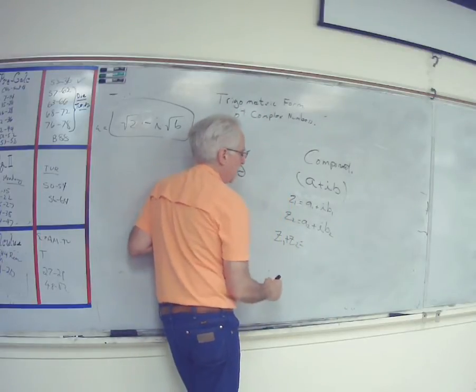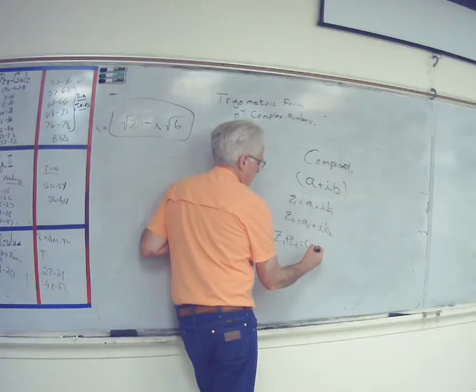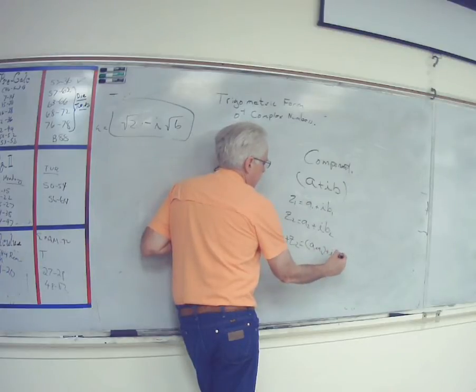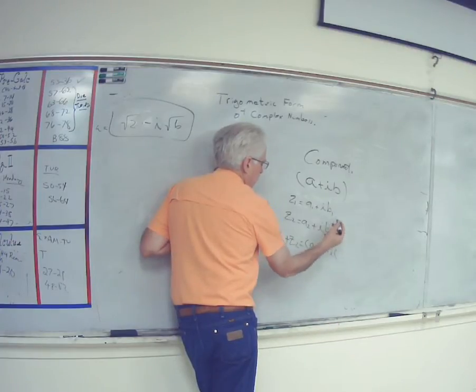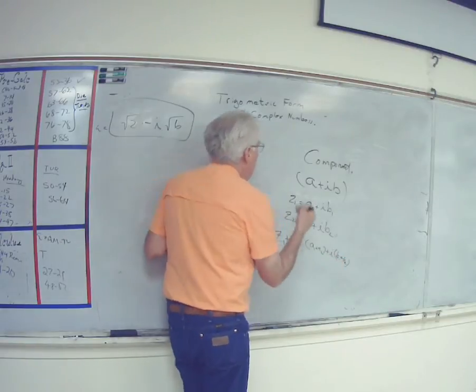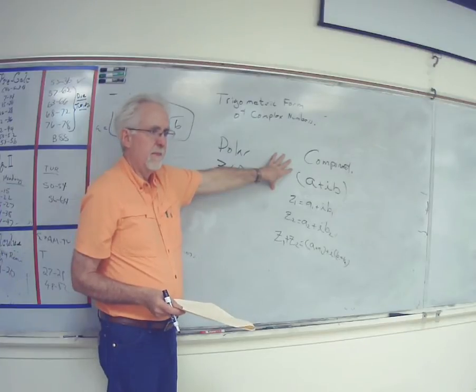Easy. How do I do it? The real part is a1 plus a2, and the imaginary part is b1 plus b2. Adding vectors in component form is very easy.